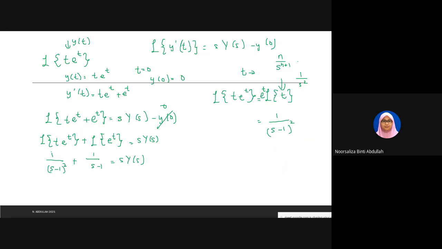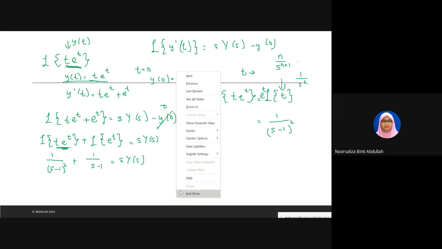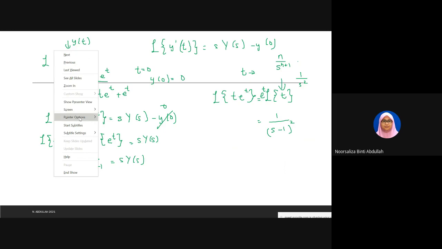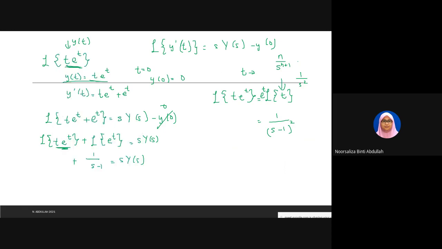Okay, ataupun this one t e^t. t e^t is this one. Sama kan? So t e^t is this one is y t. So you boleh gantikan t e^t ni dengan y t. So you tak payah cari yang ni. You gantikan t e^t ni dengan y t. So y t kita adalah t e^t. So you gantikan masuk dekat sini.